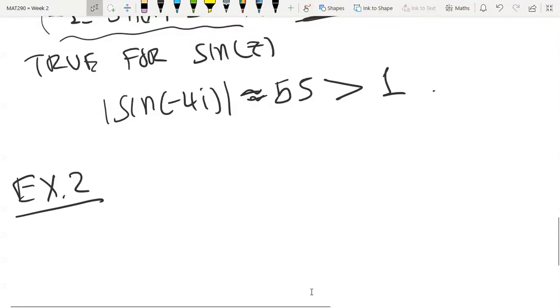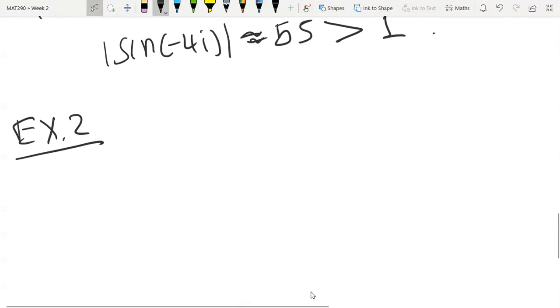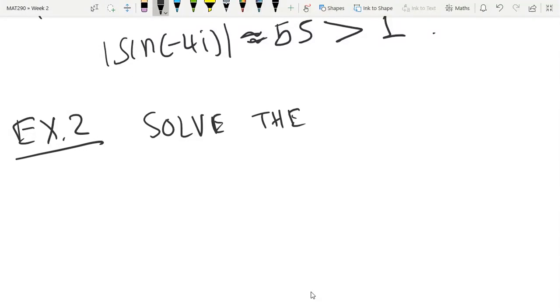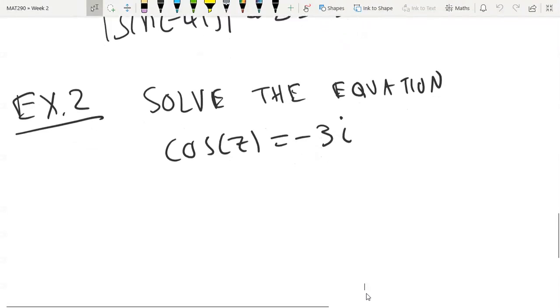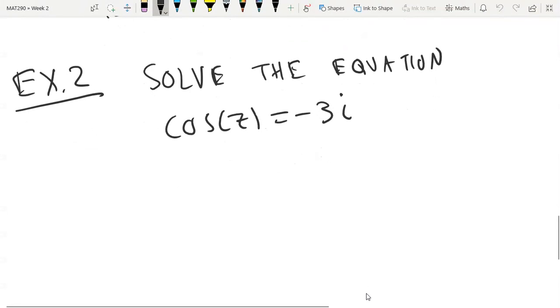Okay. So this is a common question. It says solve the equation cosine of z equal to minus 3i. Okay, so let's use the definition.